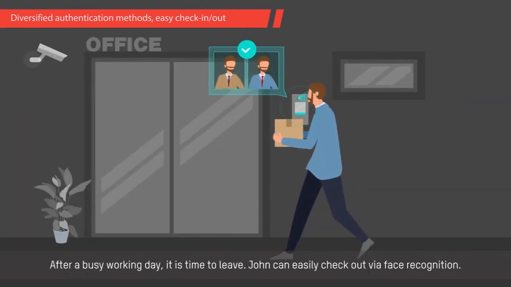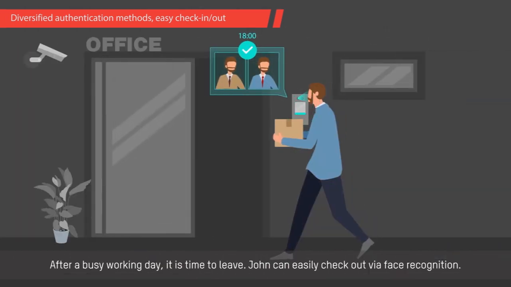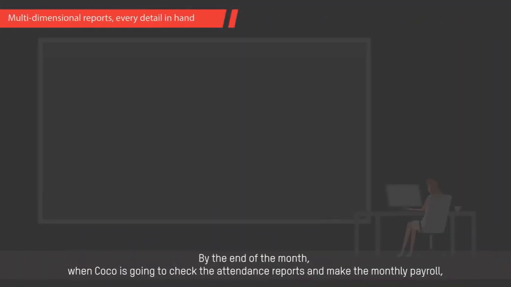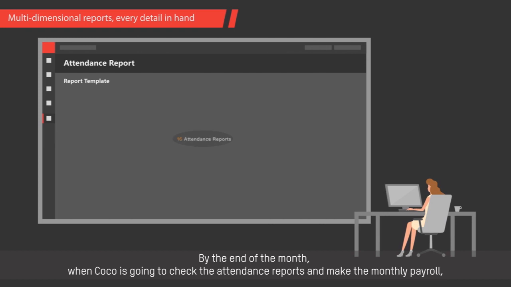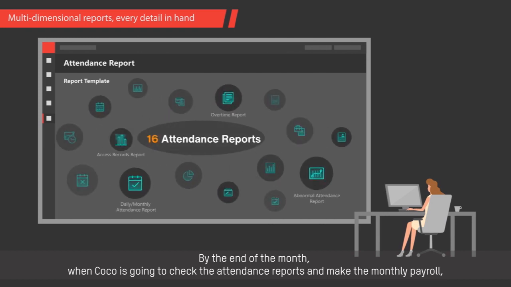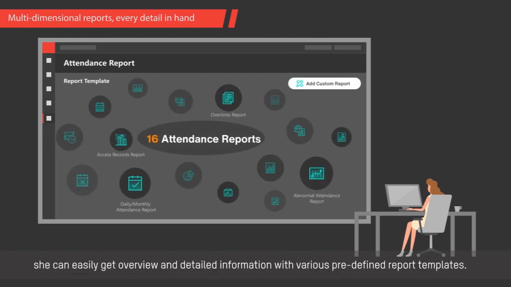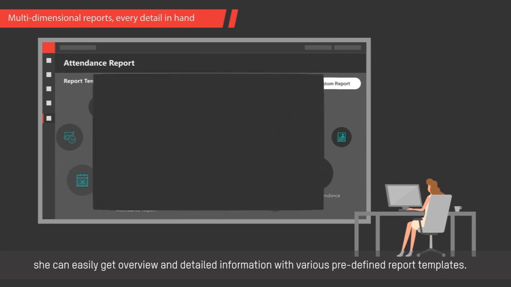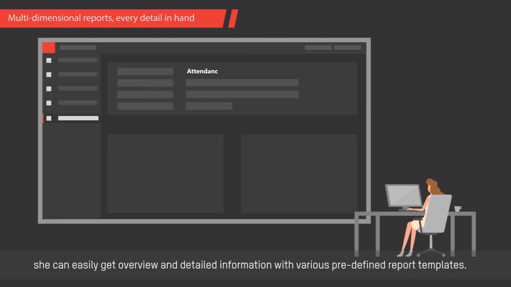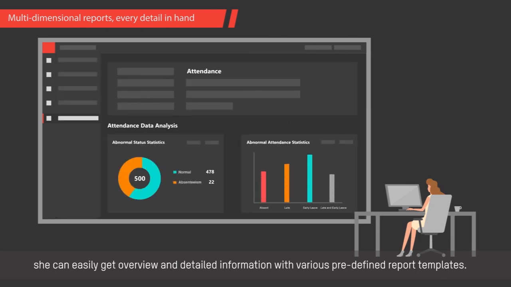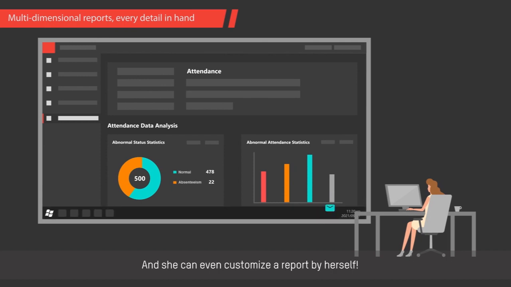After a busy working day, it is time to leave. John can easily check out via face recognition. By the end of the month, when Coco is going to check the attendance reports and make the monthly payroll, she can easily get overview and detailed information with various predefined report templates. And she can even customize a report by herself.